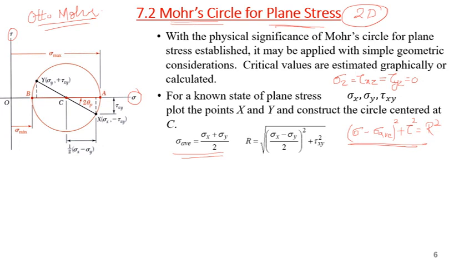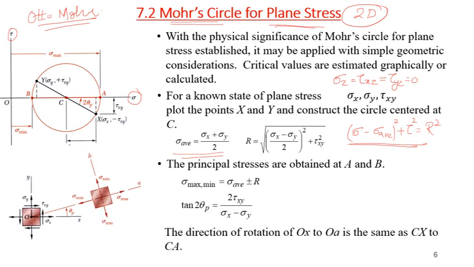Now, in this circle the stresses will be represented like this: sigma x and sigma y, and tau xy. With respect to the x-axis, tau xy is showing in counterclockwise direction, and with respect to sigma y, it is trying to rotate in clockwise direction.